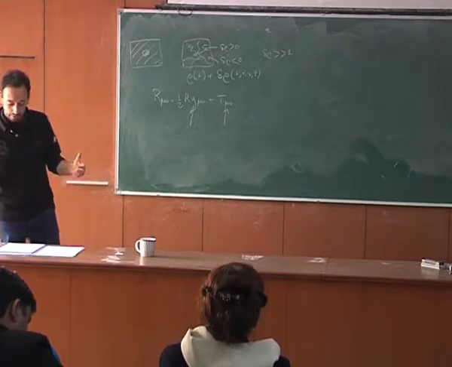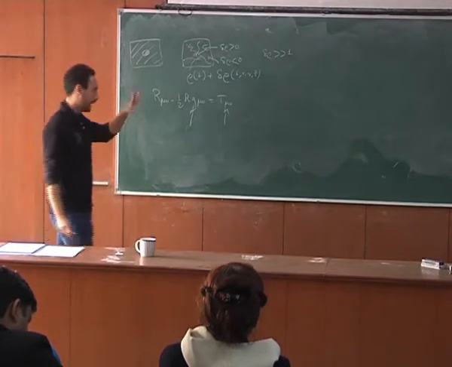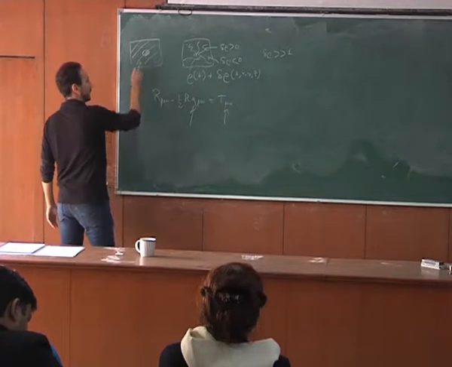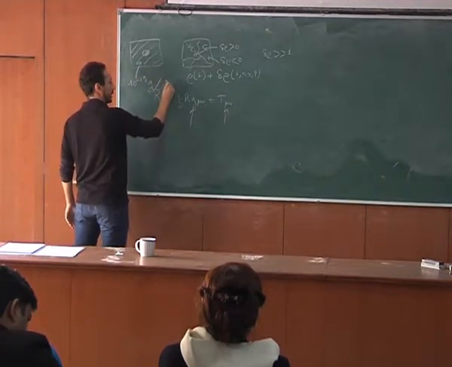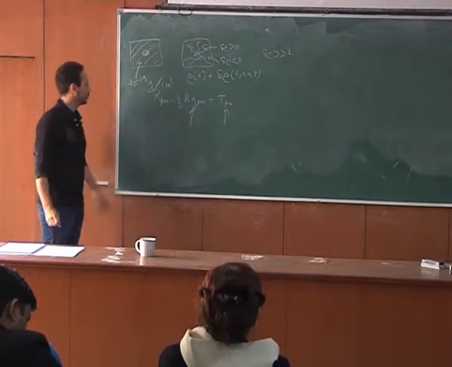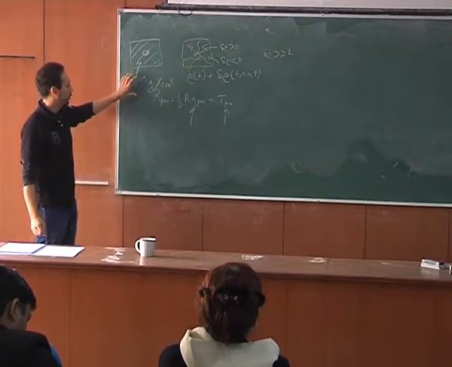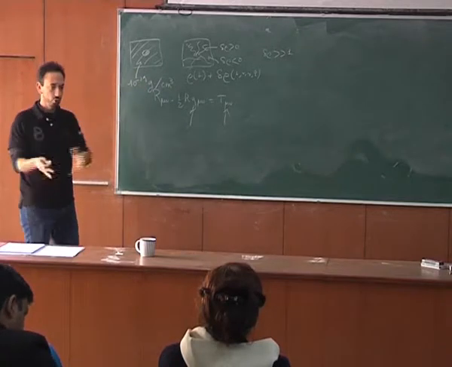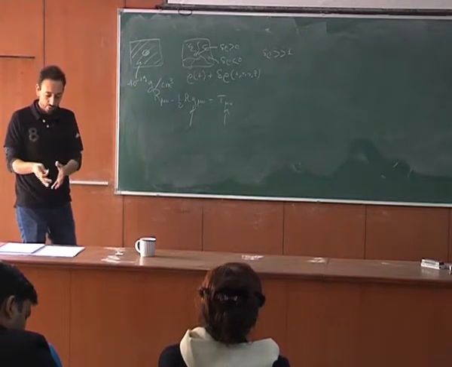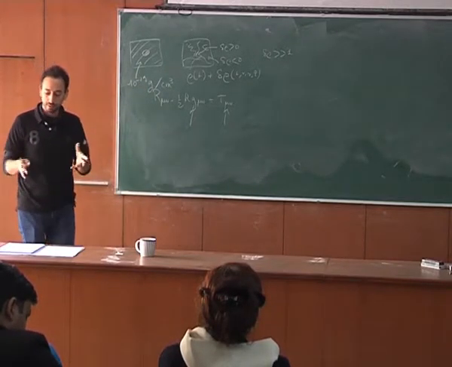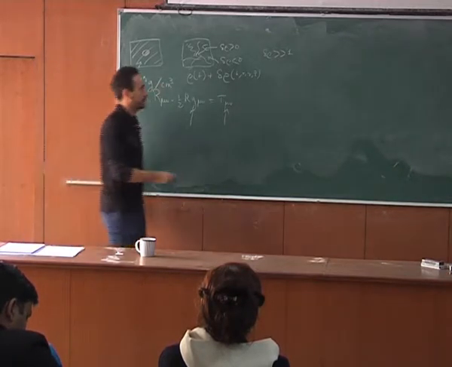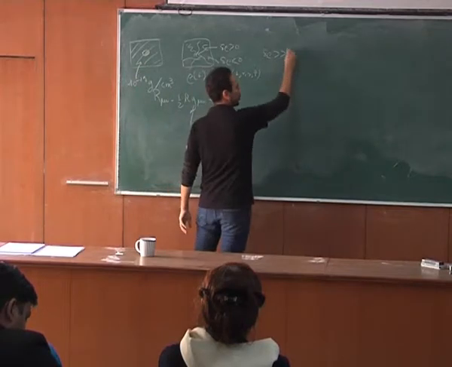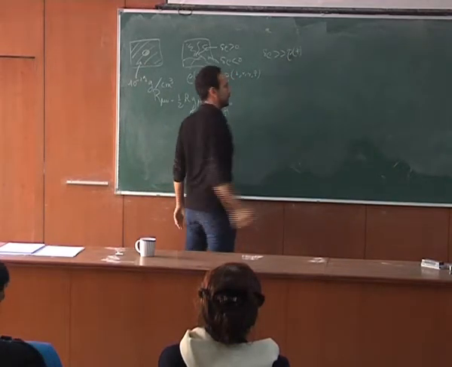For example, the density at the scale of the universe is like 10 to the minus 29 grams per centimeter cubed. So it's a very low density. If you come to Earth, at very small scales, the density is like 1 gram per centimeter cubed, which is much, much larger than the density at large scales.